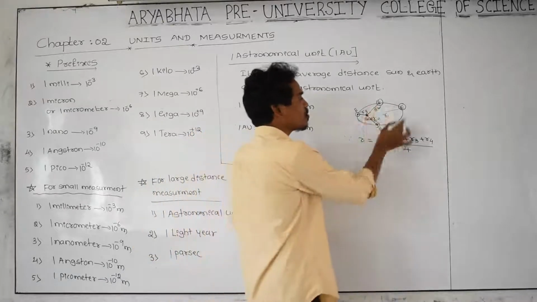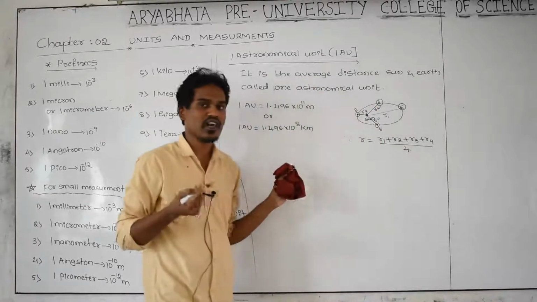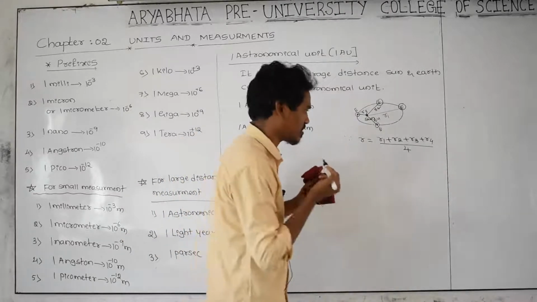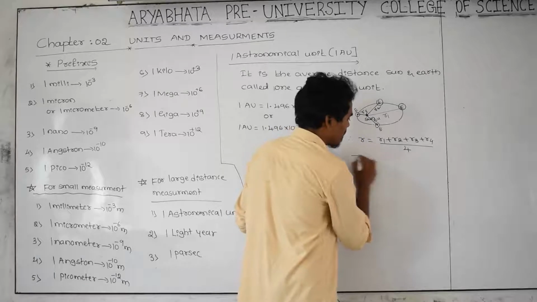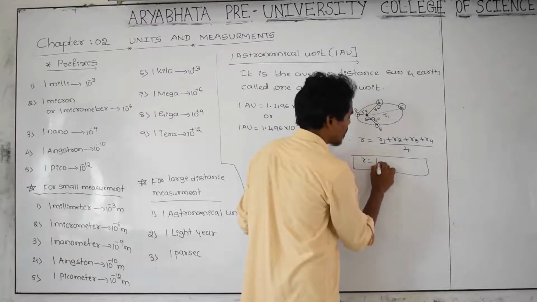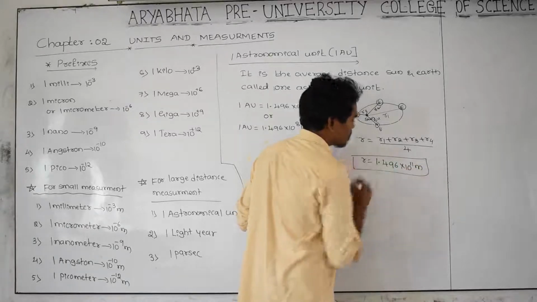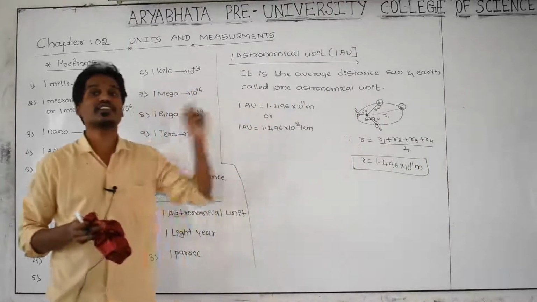If you take 6 positions, R1 plus R2 plus R3 plus R4 plus R5 plus R6 divided by 6. Then whatever value you are getting is 4.96 into 10 to the power of 11 meter. R is nothing but the average distance.